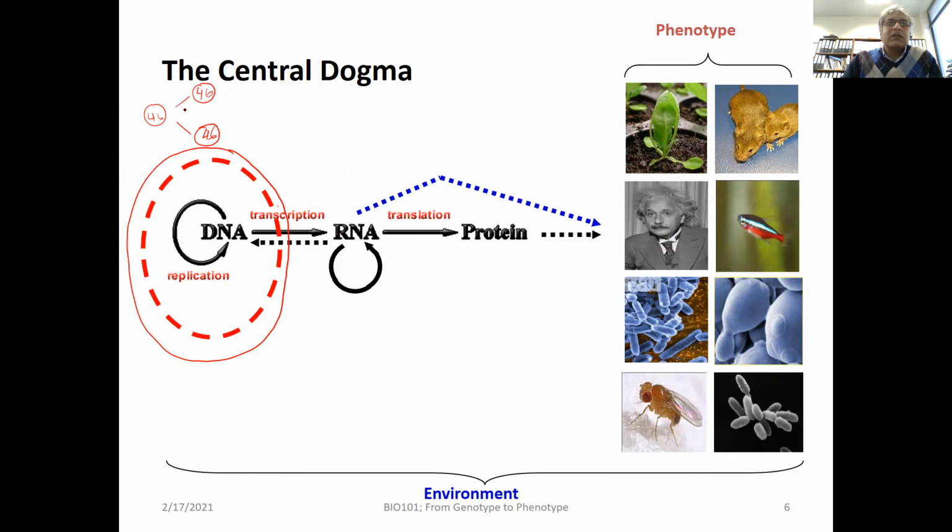That is only possible when each base on these 46 chromosomes is duplicated. Before this mother cell divides into two, there will be 92 chromosomes, and then we pass them on equally to the daughter cells.